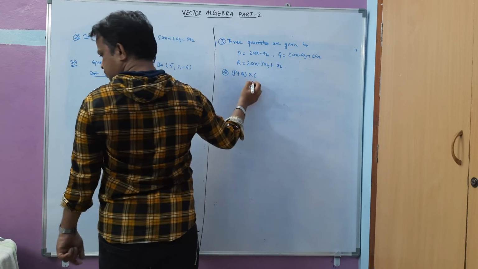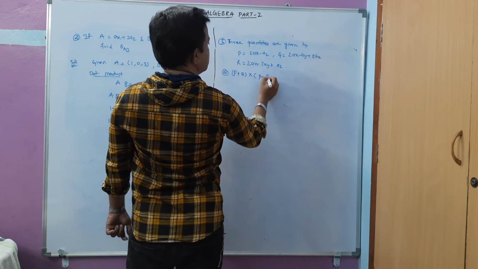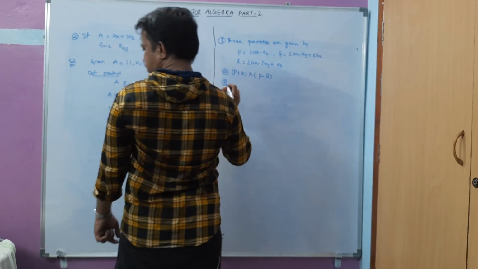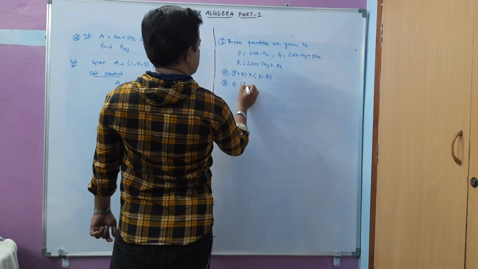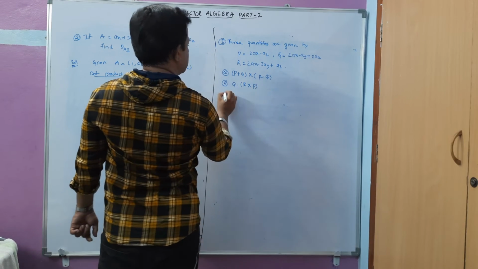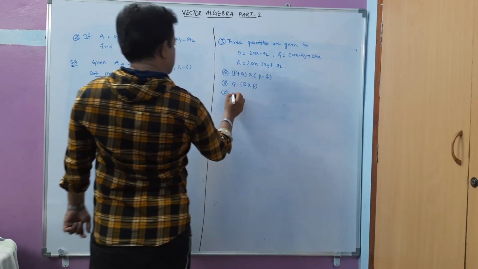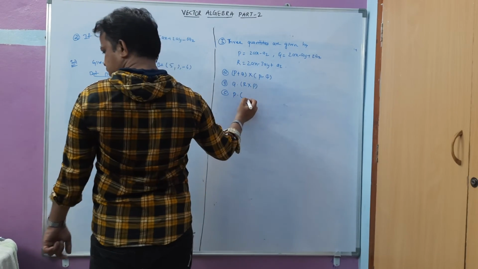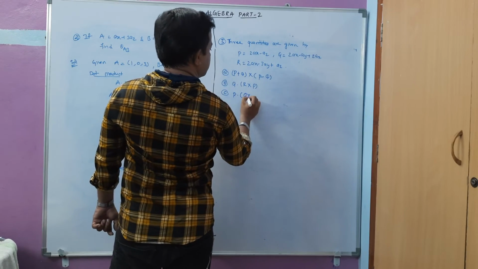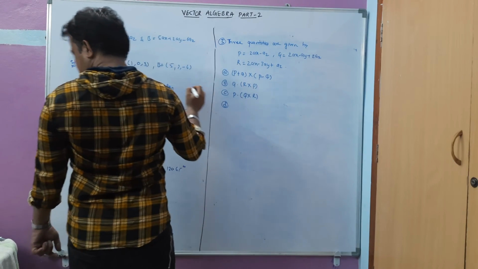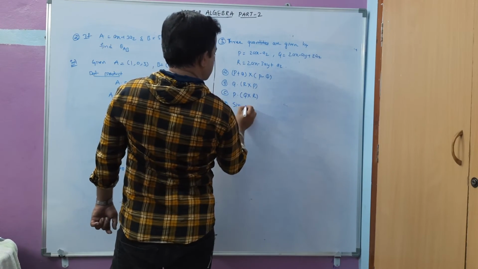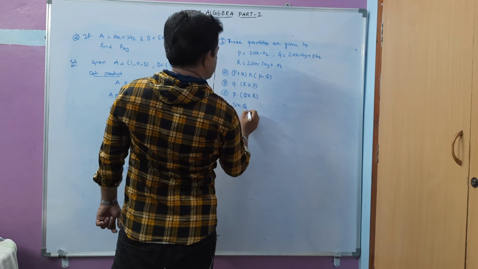B question, Q dot R cross P. Next C question, P dot Q cross R. Next D question, sin theta of QR.